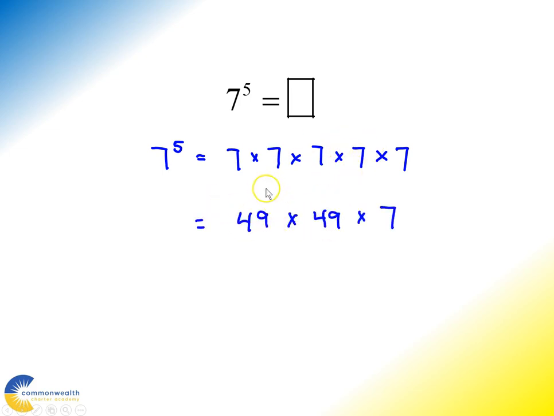And I made them 49s because 7 times 7 is 49. And this became 49 times 49 times 7. 49 times 49 is 2,401. So I have 2,401 times 7. And that becomes 16,807. So 7 to the fifth power is 16,807. Let's give this one last try and see how you could do with this one.